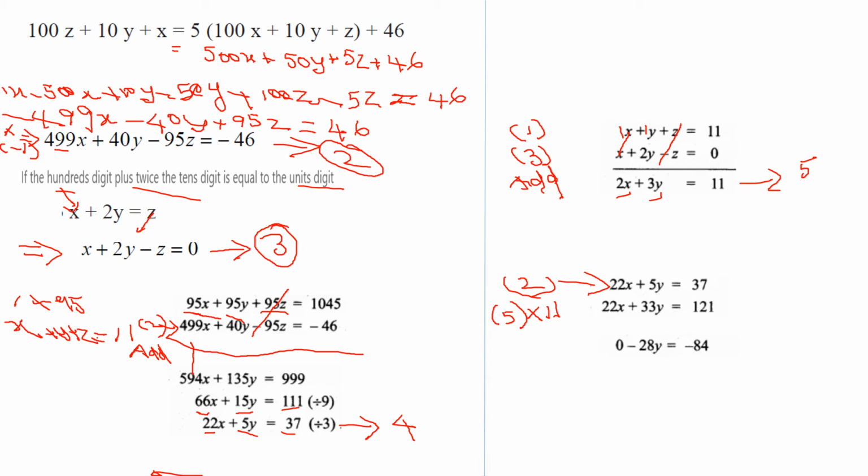That means 2x plus 3y. So 2 into 11, 22x, 3 into 11, 33y, equal to 11 into 11, 121.